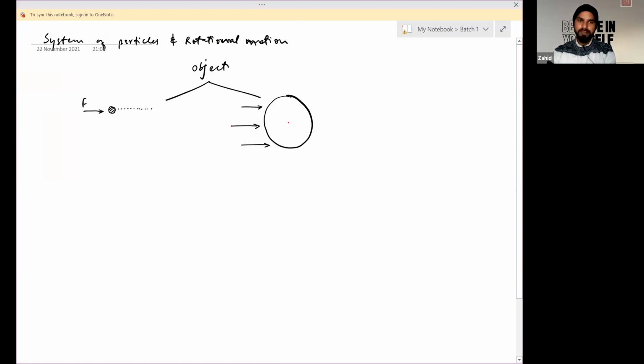If you apply this force, it will move along this direction or a straight path. If you apply force at this point, it will move along this direction. If you apply force to this part, it will move along this direction. So depending upon the position of force, the motion of the body will be different. Is it clear?